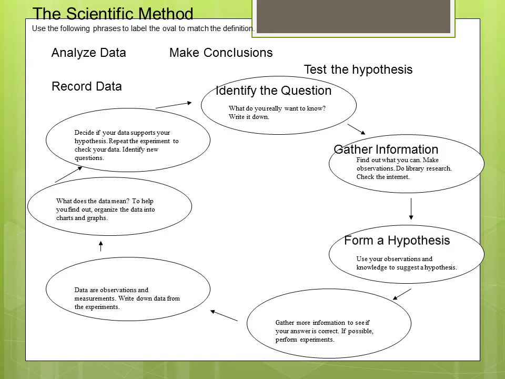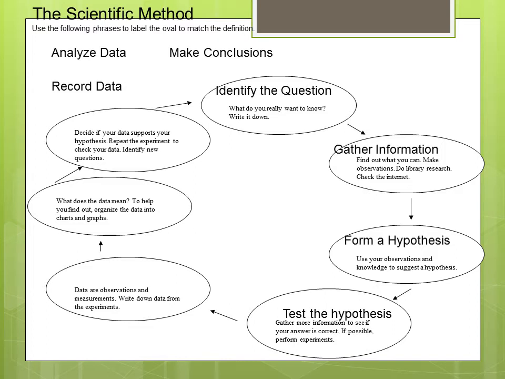And as we've learned before, a hypothesis is an educated guess. The term educated comes from the fact that before this step, you've done a little bit of research. After forming a hypothesis, you want to gather more information, either through research or, if possible, perform an experiment. So you test your hypothesis to see if you were correct or not.